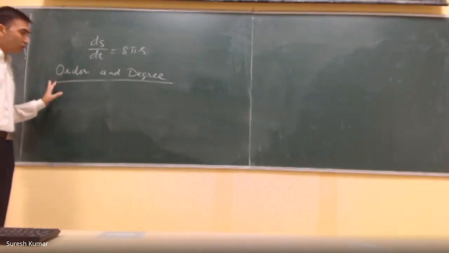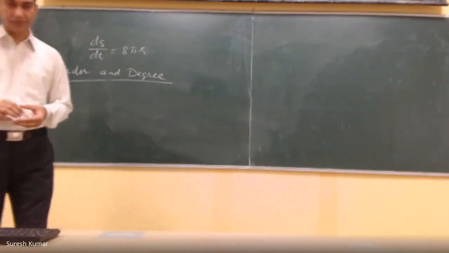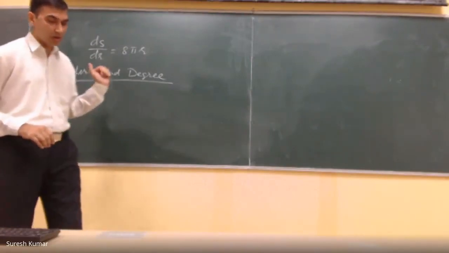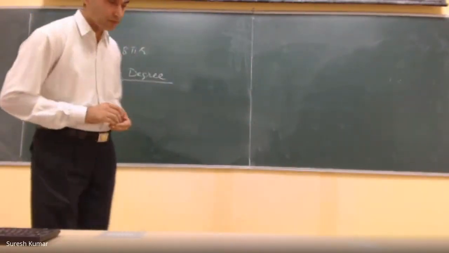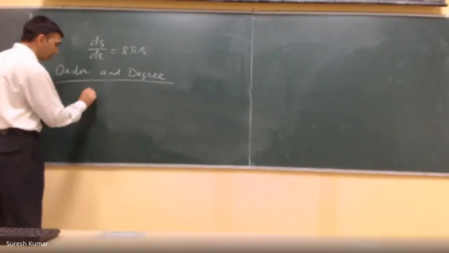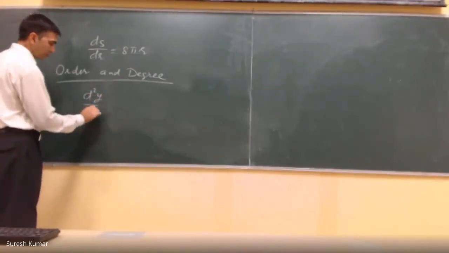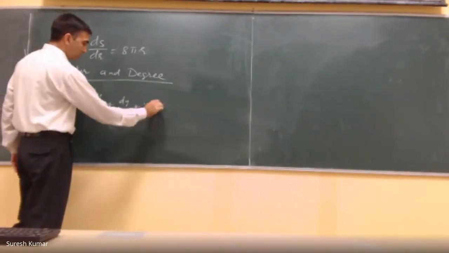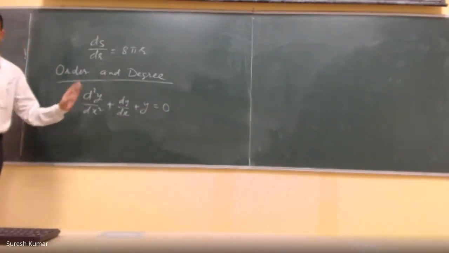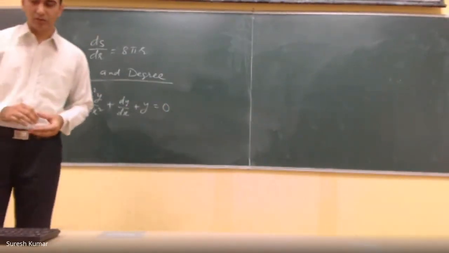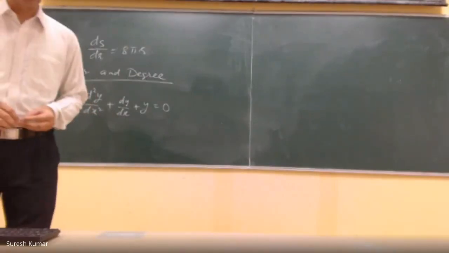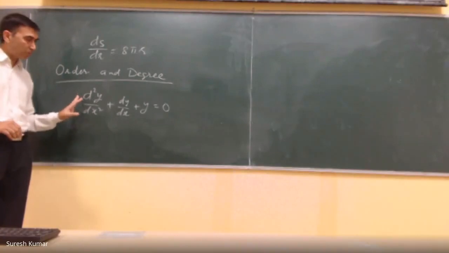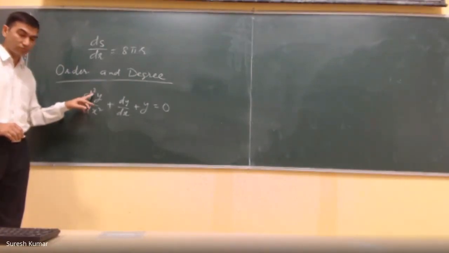All right. So what is the order of a differential equation? Order of the highest order derivative occurring in the differential equation. For example, this is a differential equation. And what is the order here? It's 2, because the highest order derivative that is appearing in this differential equation is 2.